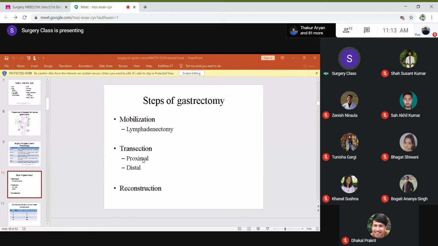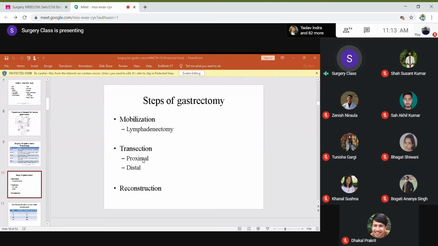You will say that I'll do a distal gastrectomy, meaning a D2 distal gastrectomy with Billroth 1 reconstruction. Reconstructing the removed part of the stomach by making an anastomosis is the type of Billroth.